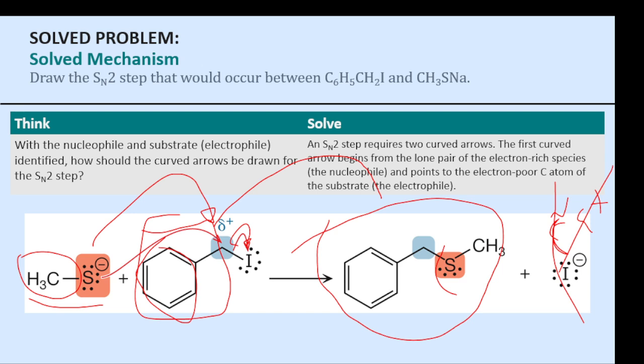Your end product is always a substitution of a leaving group. That's what's really going to help you, because you don't need to memorize all these reactions individually. What you need is to understand the name: nucleophile, attacking, and substitution.